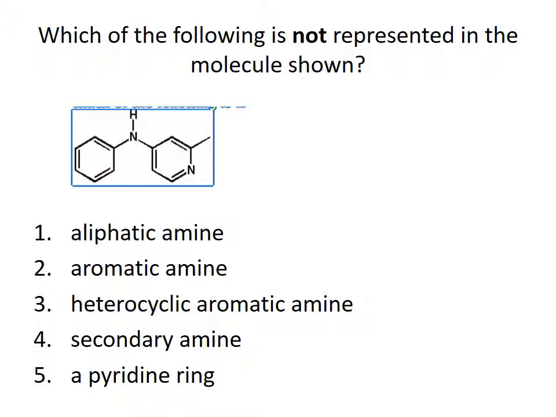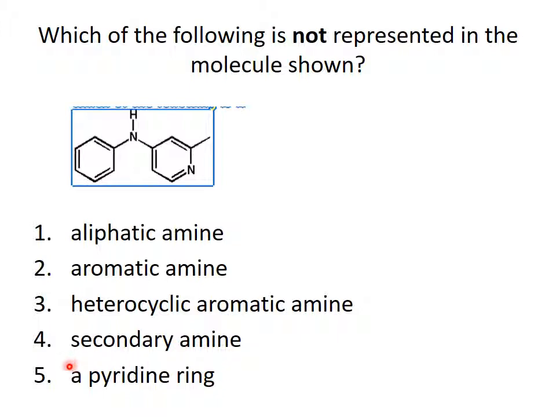Which of the following would not be able to be used to classify this amine? Well, if I look at this, I will see that, first of all, it is a secondary amine because there are 2 carbons attached, so that works.